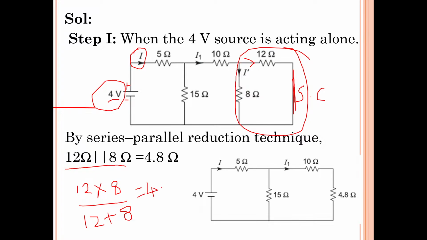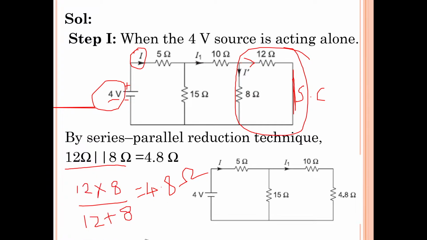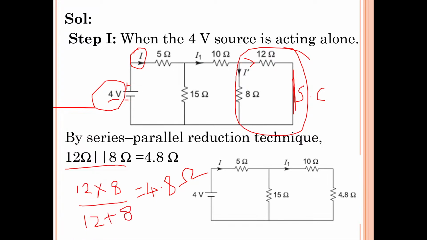You just check it in the calculator and mention in the chat box whether I am right or wrong. Is this answer correct? Please check it using your calculator. Calculate the equivalent resistance.